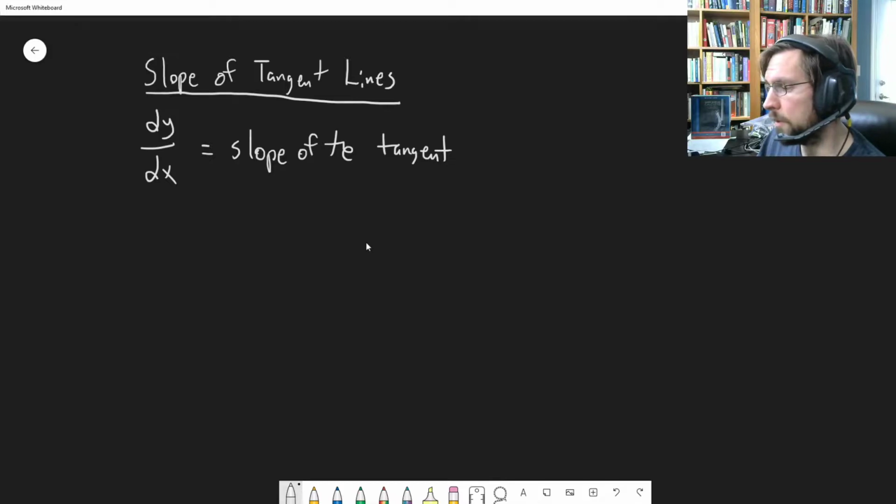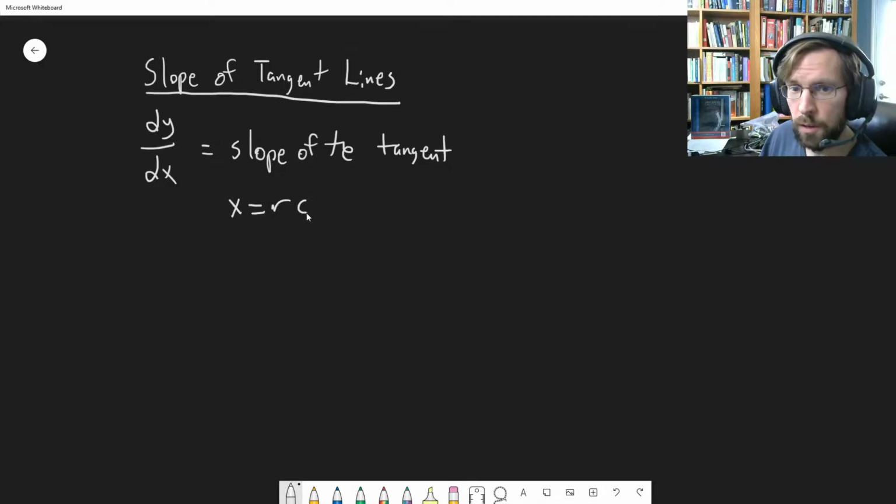And the way we're going to find dy/dx is we're going to treat this like a parametric equation. What do I mean by that? Remember we said x was r cosine theta and y is r sine theta.